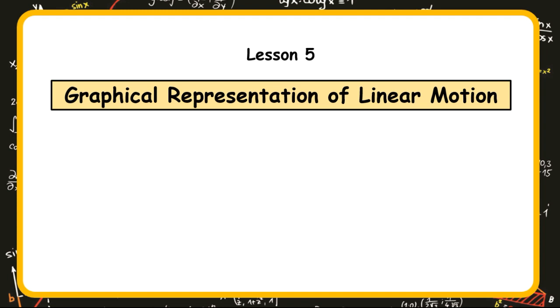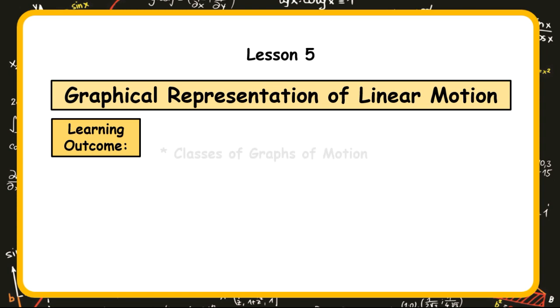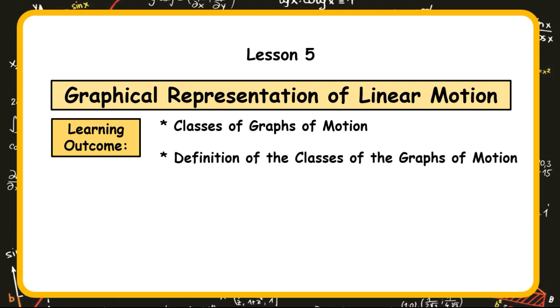The learning outcome would be that at the end of this lesson, students should be able to know the various classes of the graphs of motion and provide detailed explanation and definition of the various classes of motion.